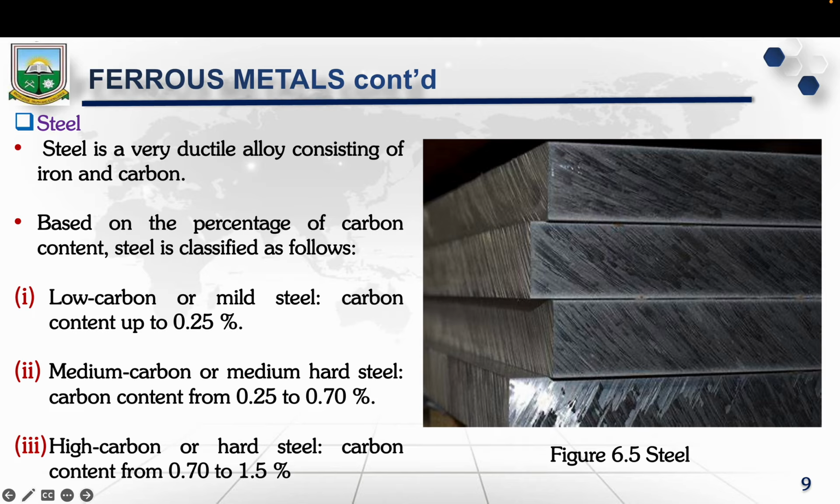And the last one is high carbon or hard steel, which contains 0.75 to 1.5% carbon, which makes it stronger and harder, but less ductile. It's ideal for applications that require high wear resistance. What makes steel so valuable is its versatility. Steel can be used for building skyscrapers, constructing bridges, or manufacturing vehicles.